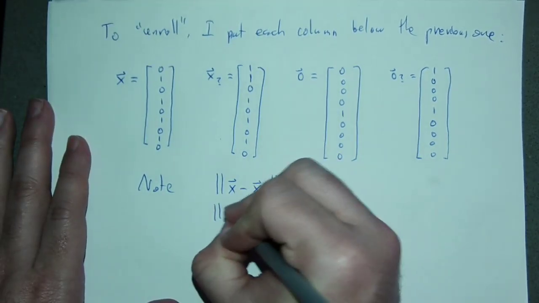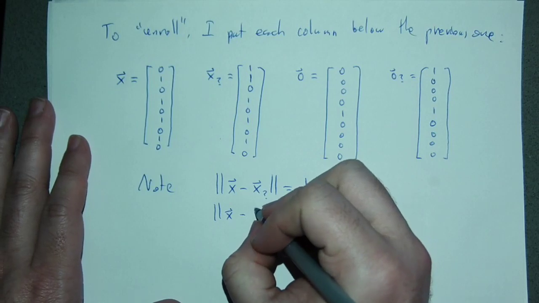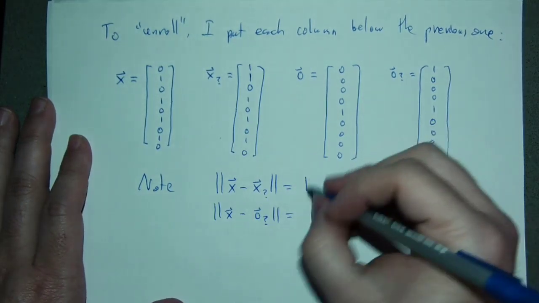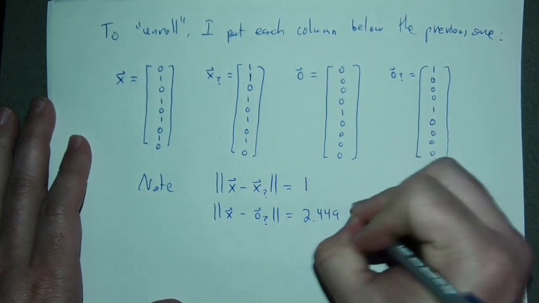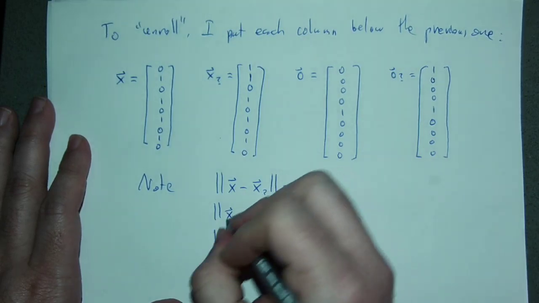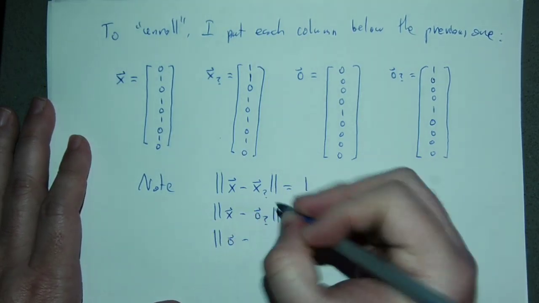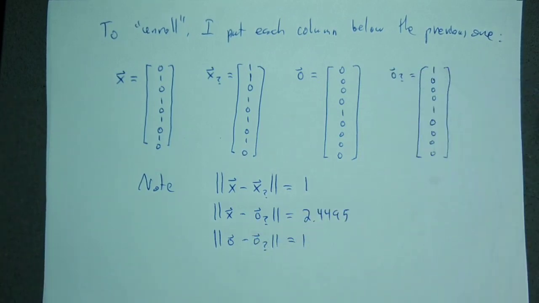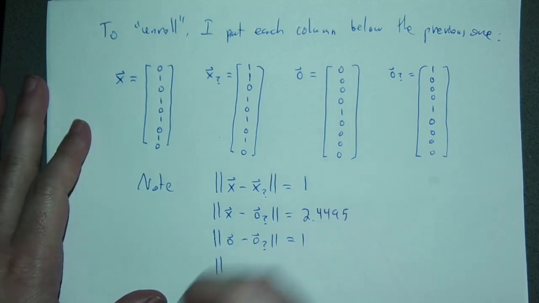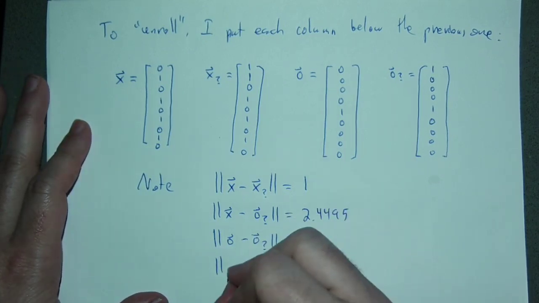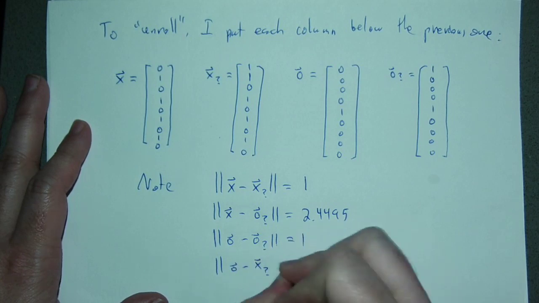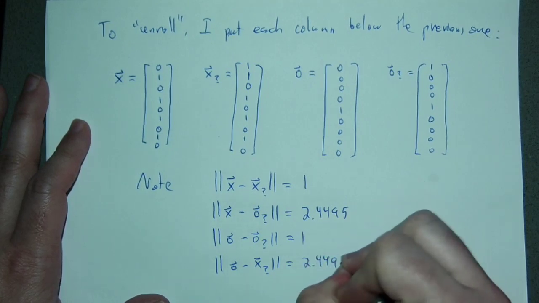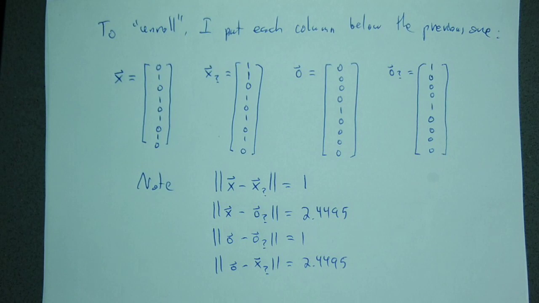It turns out that the distance from X to questionable O is 2.4495. The distance from O to questionable O is also 1 for the same reason. They only differ in that first slot. And then the distance from O to questionable X is also 2.4495.